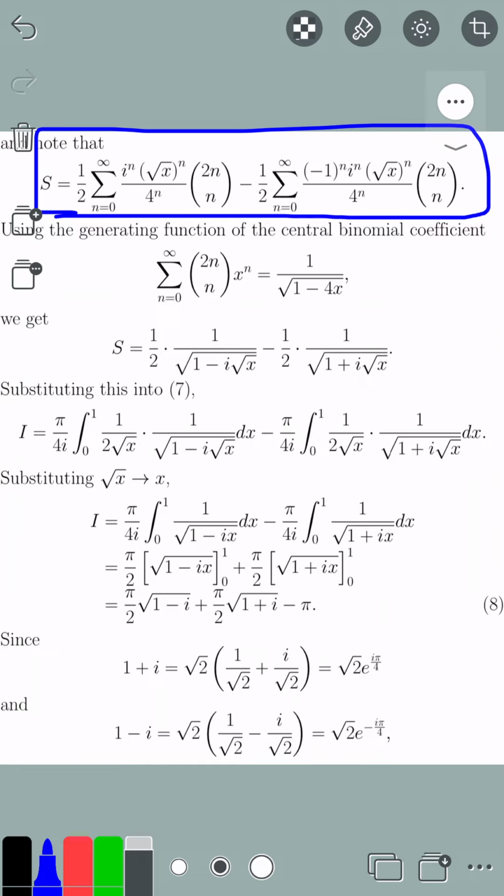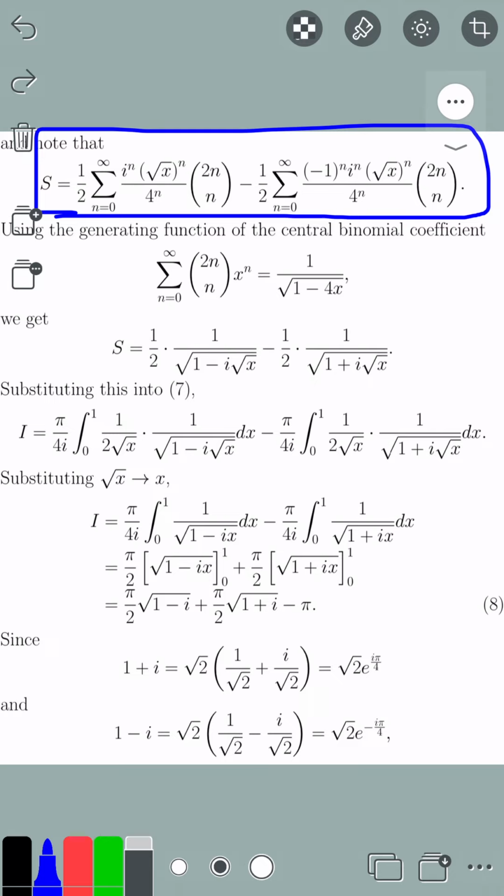You can see that the first sum here is a non-alternating series, and every 2n plus 1 is turned into n. So every 2n plus 1 is turned into n, and the first sum is non-alternating. The second series here is alternating because there's the negative 1 to the nth power there.